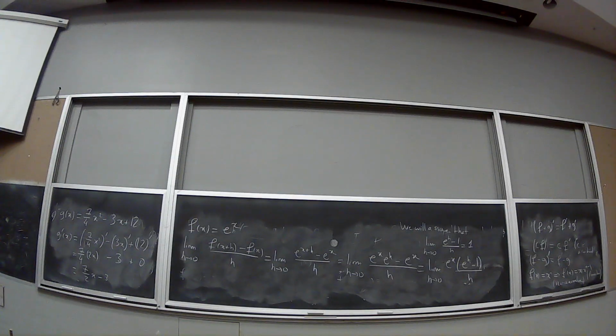This limit really defines the number e. If you put any other number than e, the limit will not be 1. So you can take this as the definition of e.